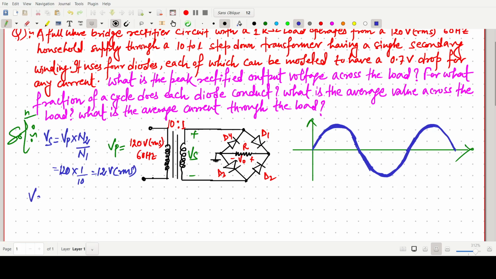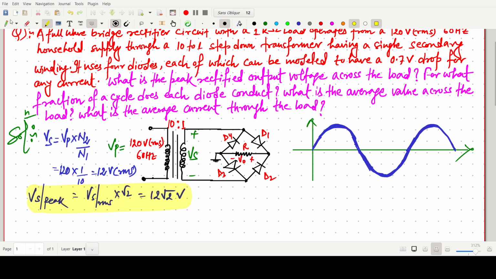So we are just finding the Vs peak. Vs peak equals Vs RMS times root 2, so it should be 12 root 2 volt. This is the secondary voltage across this one.